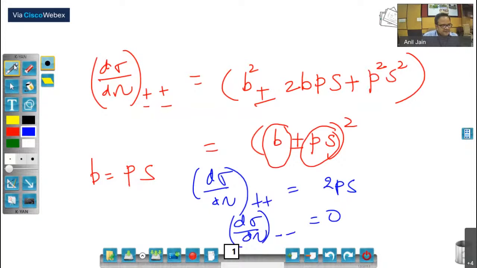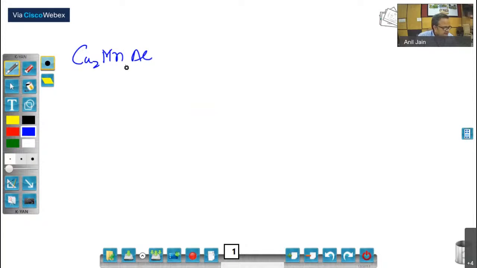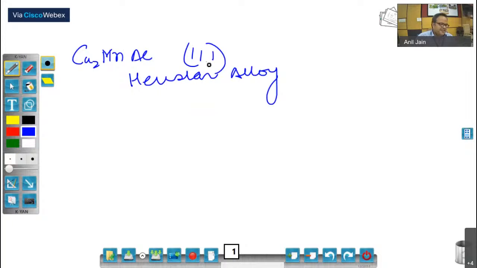I will write the names of crystals which can be used to produce a polarized neutron beam. One of them is Cu2MnAl, Heusler alloy, and the condition B equal to PS is satisfied for the 111 reflection of this Heusler alloy, which has a d value of 3.43 angstrom.